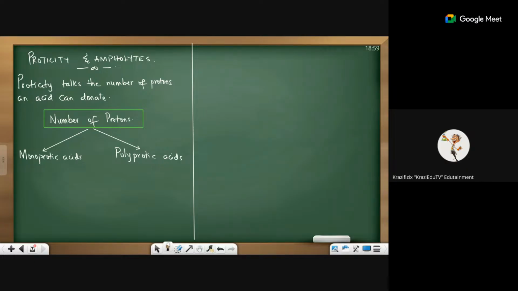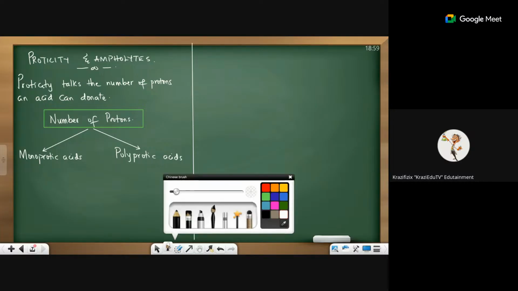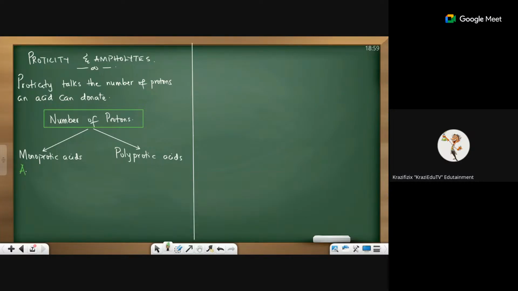Monoprotic. And from our knowledge of just common sense and general knowledge, mono means what? 1. So this is going to be an acid that donates 1 proton. An acid that donates 1 proton.